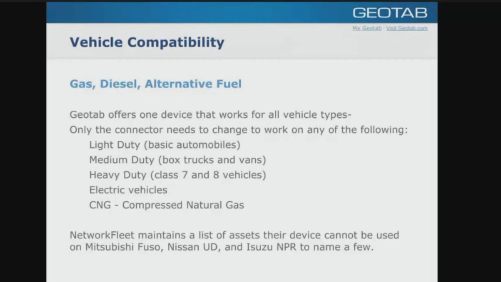Okay, so we have a problem. The Mitsubishi Fusos don't give odometer. We did the engineering work that it took to figure out that they put it on a completely different diagnostic connector that you have to plug into as well. So there's a teed harness for the Go devices for a Fuso that allows you to plug into the odometer port and get all the other rich data as well.